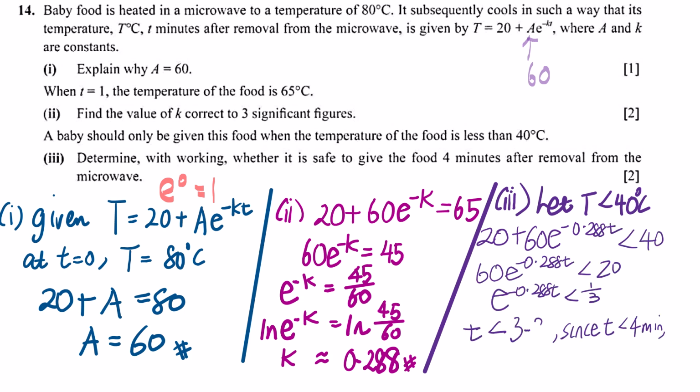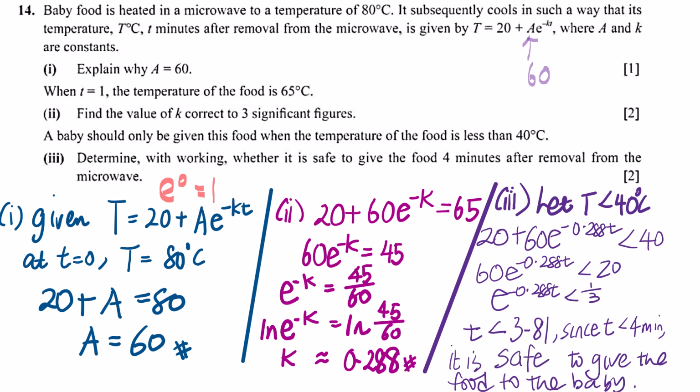And you bring natural log to both sides, and we see that t is less than 3.81 minutes. In other words, if you were to leave your food for anything less than 3.81 minutes, the temperature will be less than 40. And of course, if you leave it for longer, the temperature will drop even further, even lesser than 40, which is, of course, a safe temperature to give to the baby.